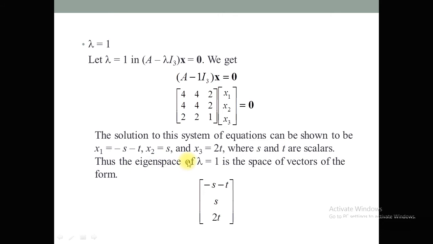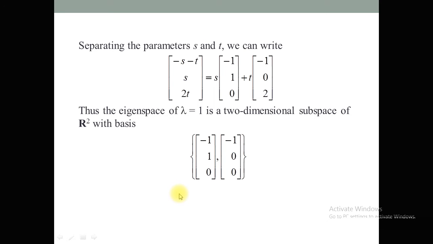Thus, the eigenspace of lambda equal to 1 is the space of vectors of the form minus s minus t, s, and 2t. Separating the parameters s and t, taking common s, we obtain minus 1, 1, and 0, and plus t, we obtain minus 1, 0, and 2.